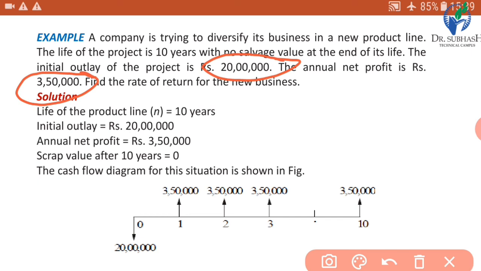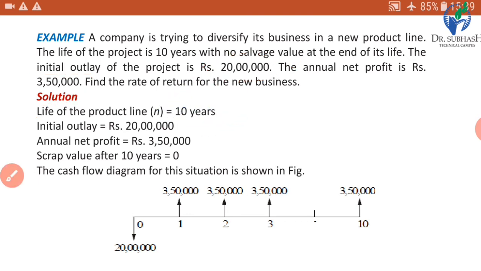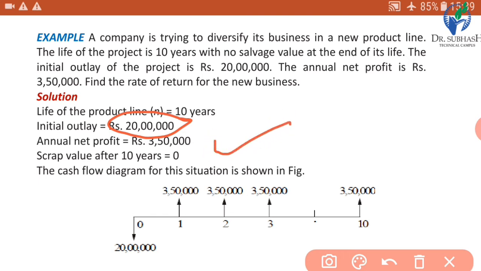Now, first of all, we will see the data given in the example. Life of the project N is equal to 10 years. Then initial outlay is 20 lakh. Annual net profit is given as 3,50,000, and scrap value after 10 years is 0. It means no salvage value is given.